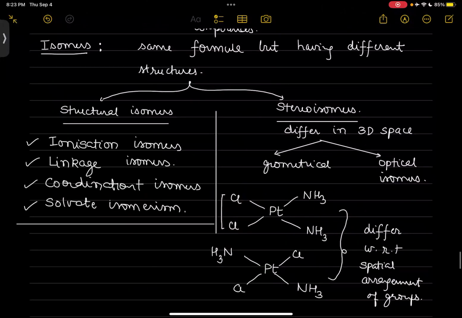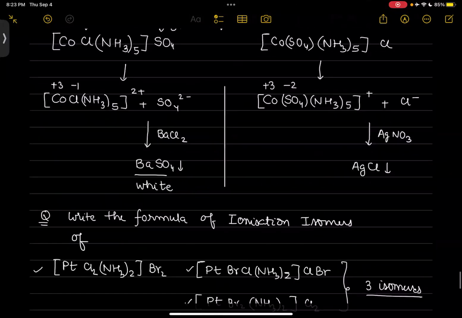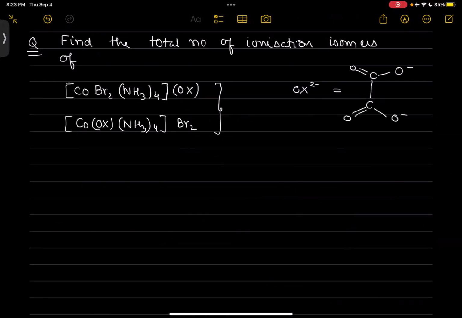Now let's move to another isomerism, and that is solvate isomerism. First we have covered ionization isomers. What's the other name for solvate isomerism? Aisha, am I audible?